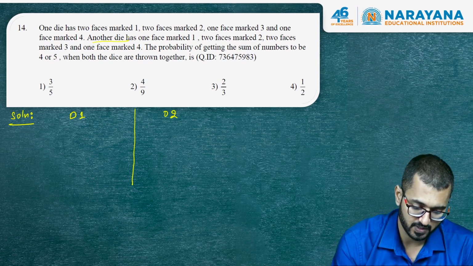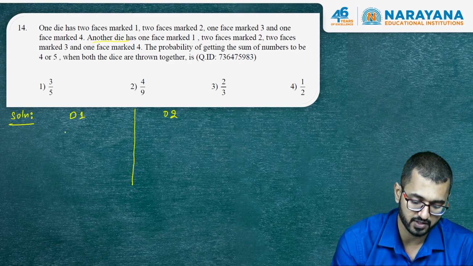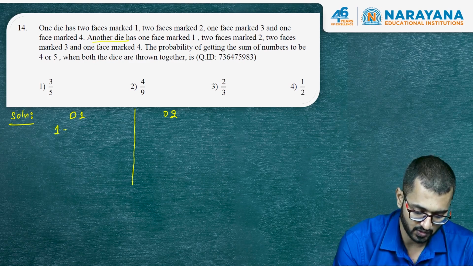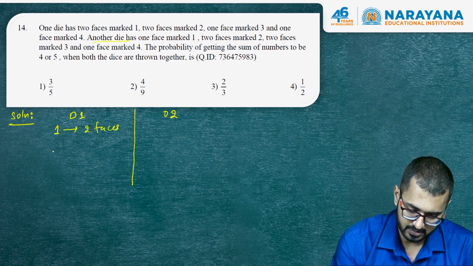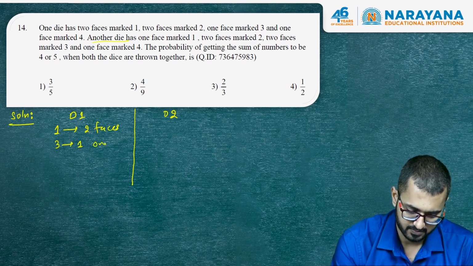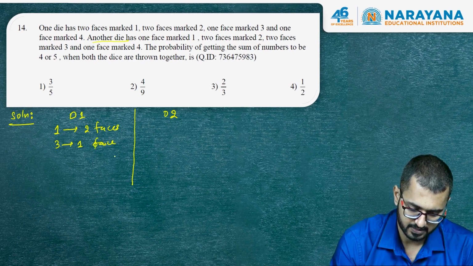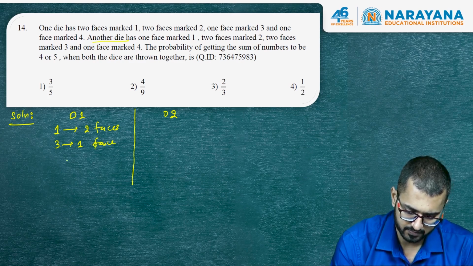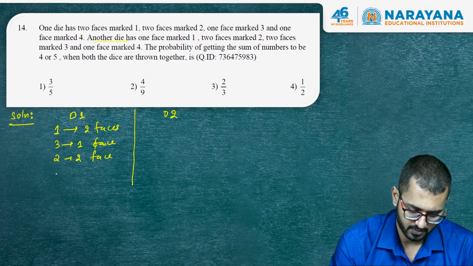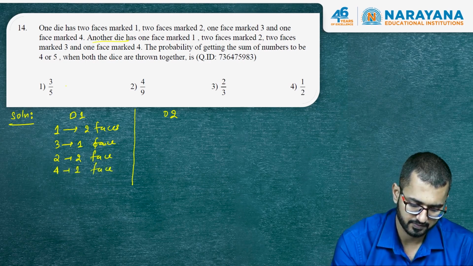A die has 2 faces marked 1, so 1 is on 2 faces, and 3 is on 1 face, and 2 faces marked 2, so 2 is on 2 faces, and 4 is marked on 1 face. So done.